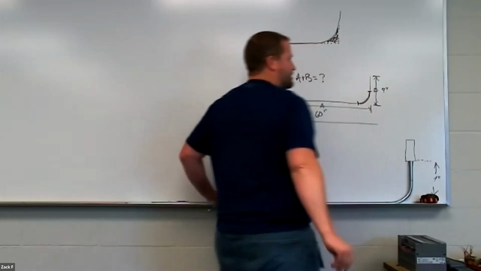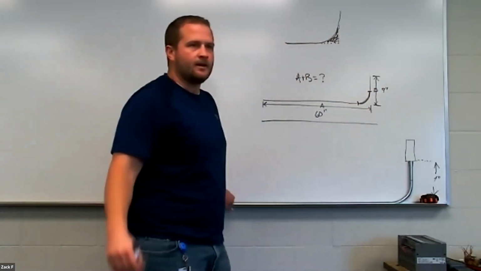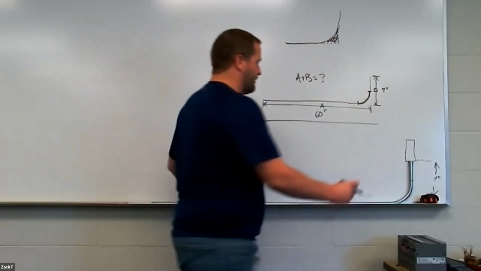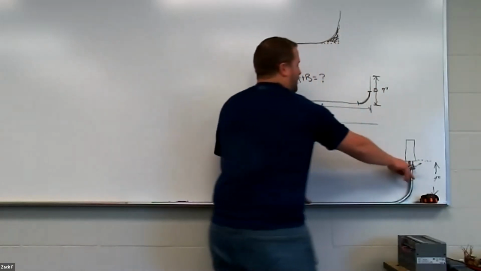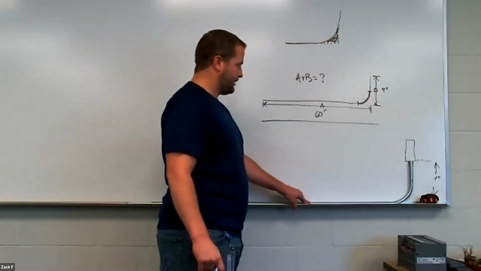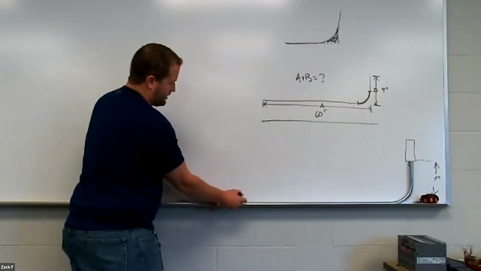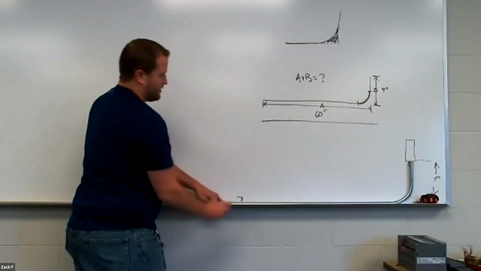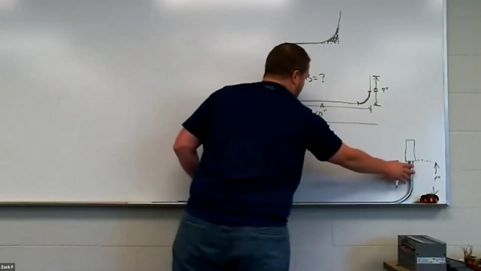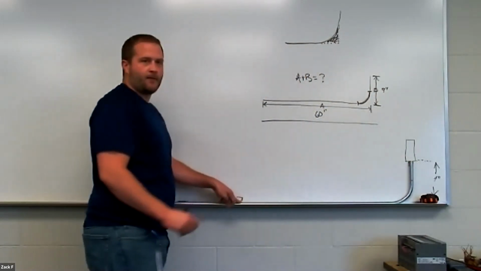This is important because if you're running 2-inch rigid, if I get this wrong, or if I'm coming from a box or coupling that's right here, I make my stub 90, and then all I have to do is cut the pipe off right here, right?